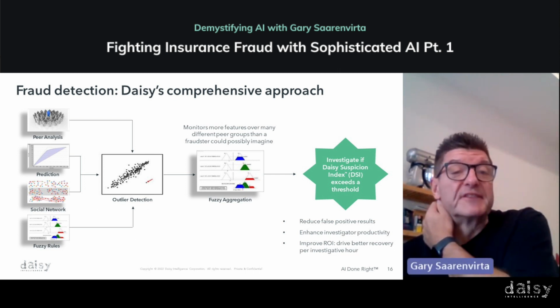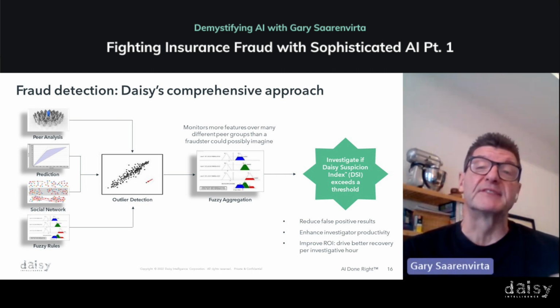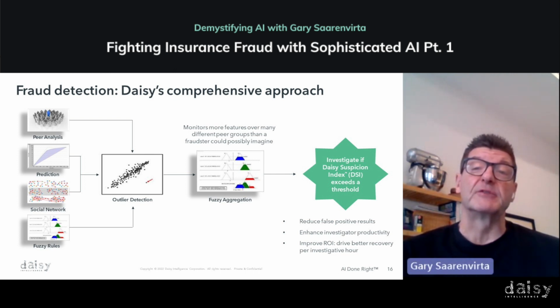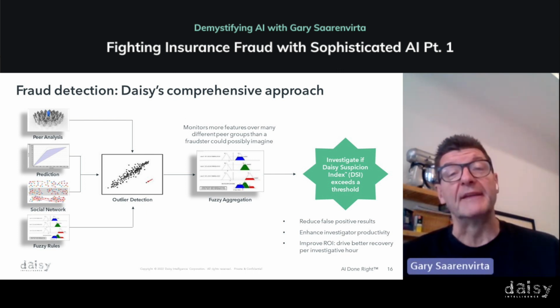If all of the methods agree, 10 predictive models fire on a claim, the people associated with the claim are outliers compared to their peers, the claim and the people associated with the claim are part of a sophisticated fraud ring, and 10 fuzzy rules are broken. If all 4 of those things happen, then this is likely an outlier record and there's no false positive.